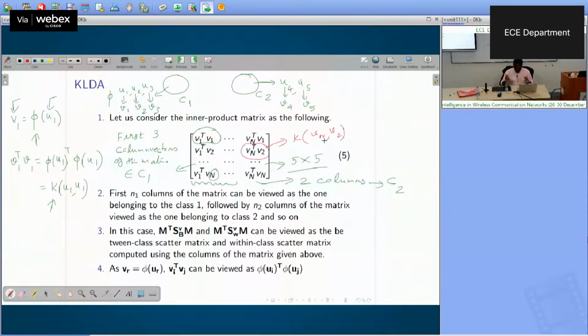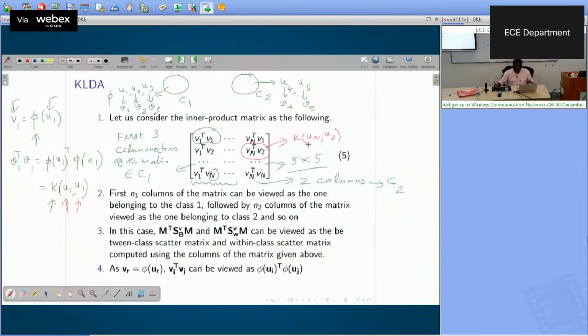The raw data is X or U. I think I used U. The raw data are U's. Yes, here I have written it correctly.